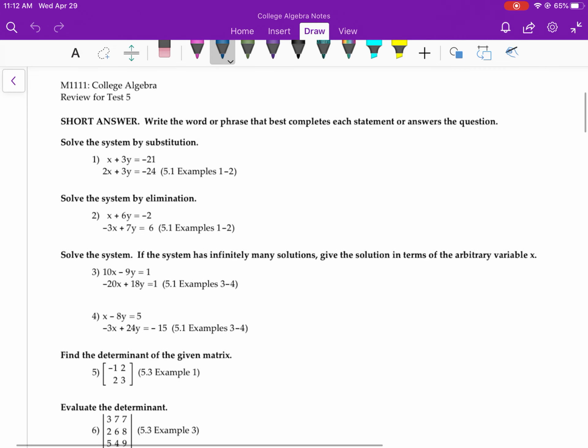So I'm going to solve this first equation for x. And then I'm going to be plugging that in right here for x.